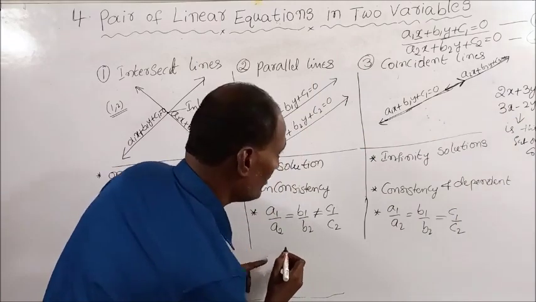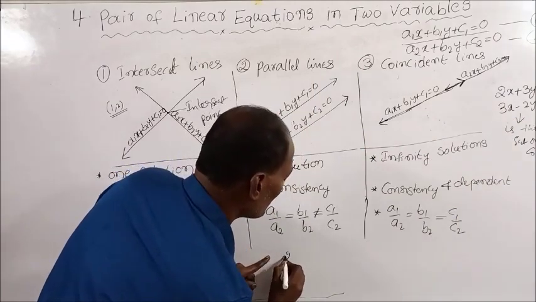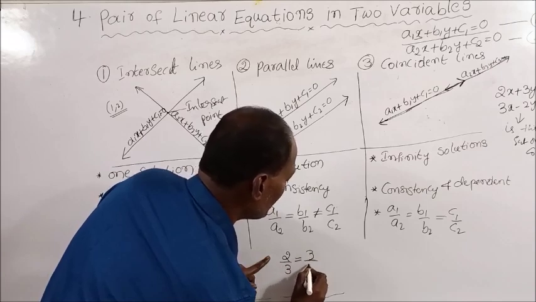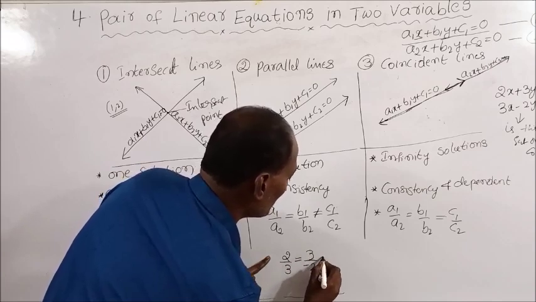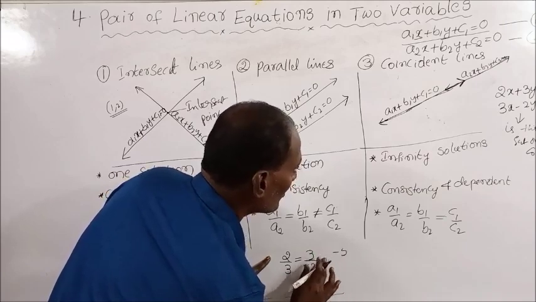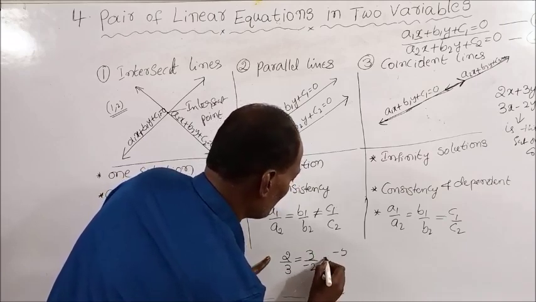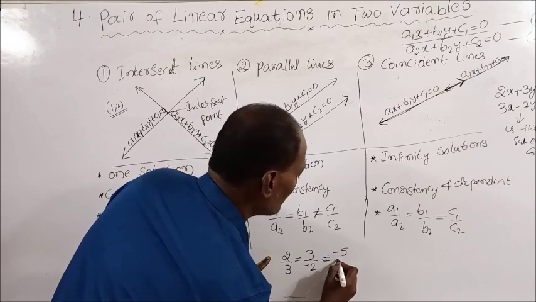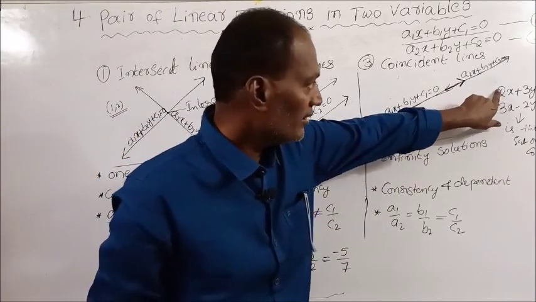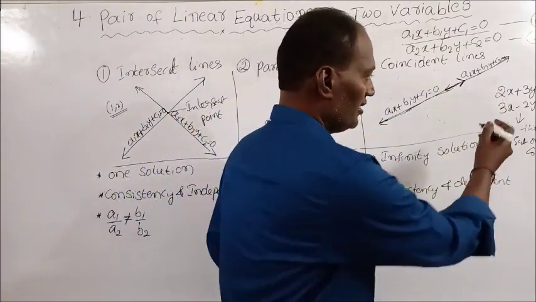a1 by a2, 2 by 3, b1 by b2, 3 by minus 2, c1 by c2, minus 5 by 7. This is the value. Sorry, see here, these are coefficients.